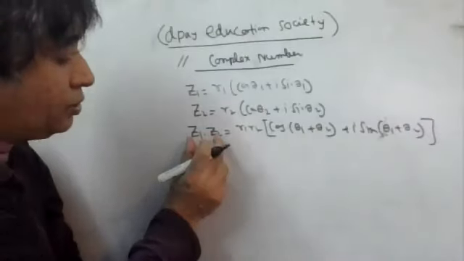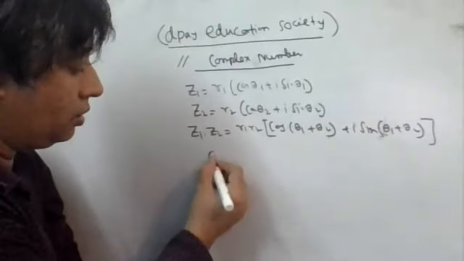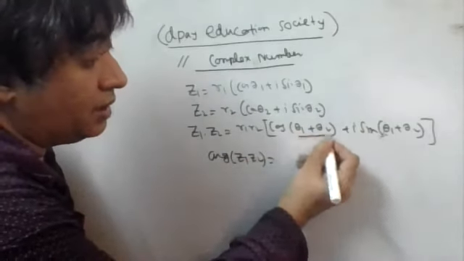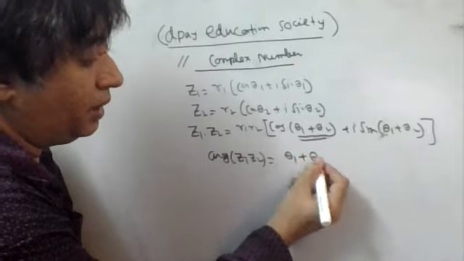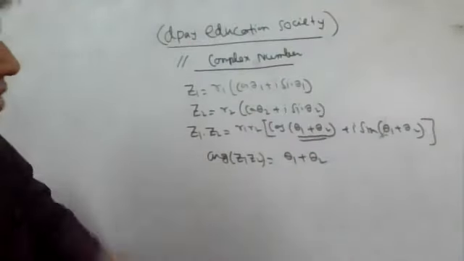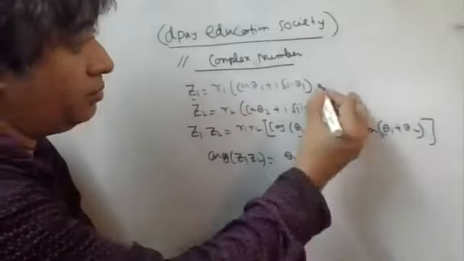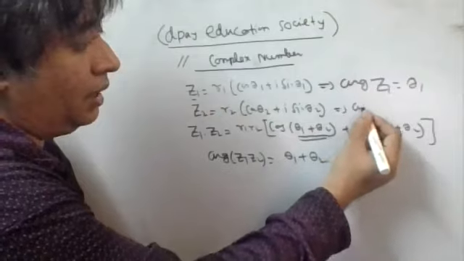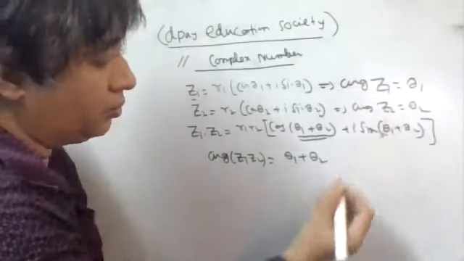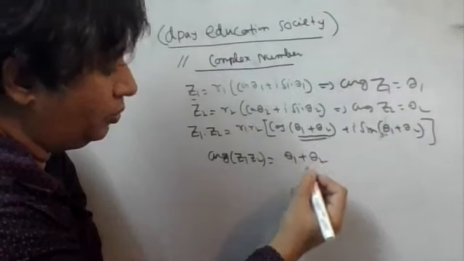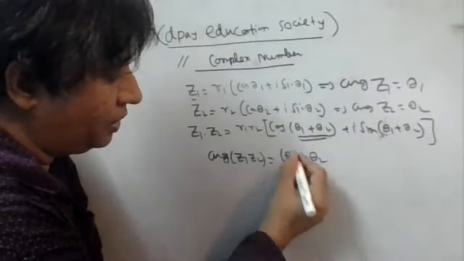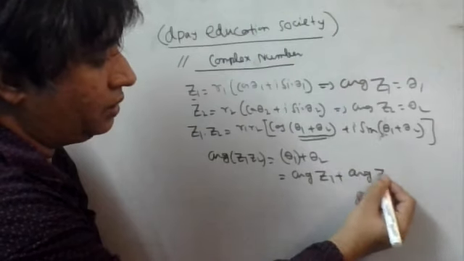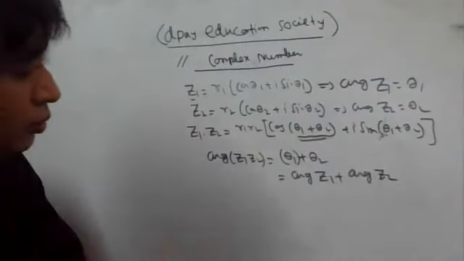So if you are told to find the argument of Z1Z2, this is the argument: theta1 + theta2. Now theta1 is what? Argument of Z1, and theta2 is the argument of Z2. So instead of theta1 you put argument of Z1, and instead of theta2 argument of Z2.